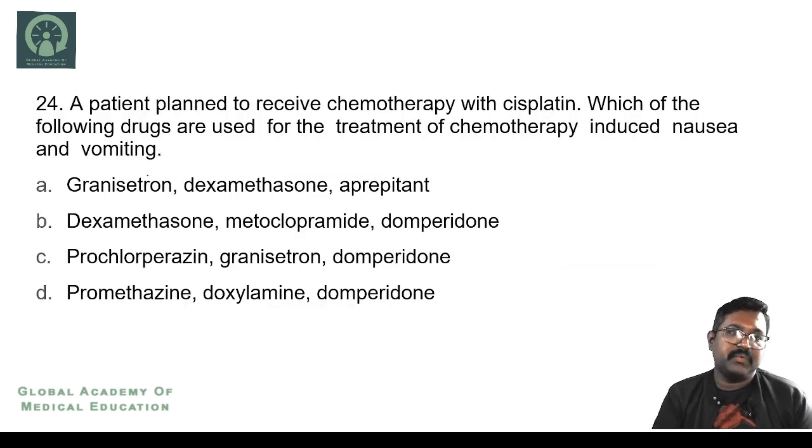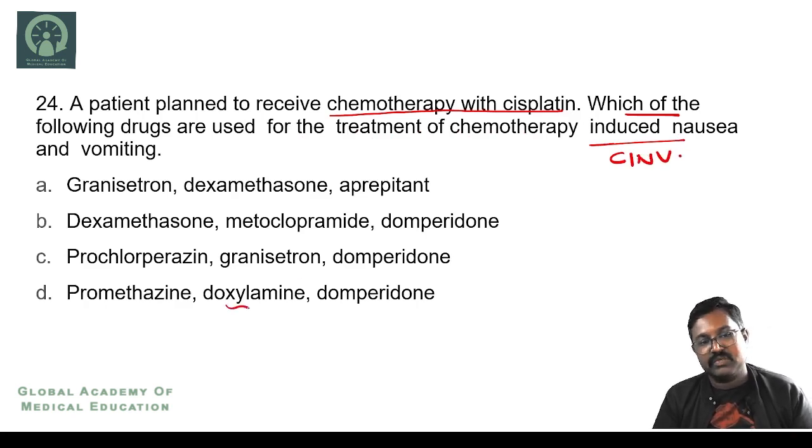So next, coming to the 24th MCQ, a patient is planned to receive chemotherapy with cisplatin. Which of the following drugs are used for the treatment of the chemotherapy induced nausea and vomiting? So here doxylamine is used in case of pregnancy to treat the morning sickness.